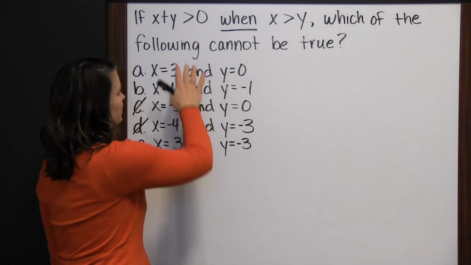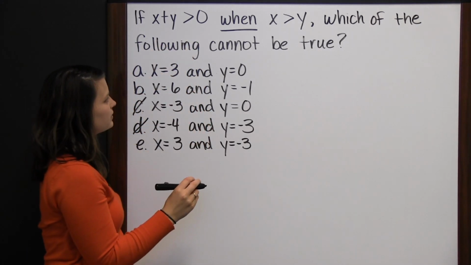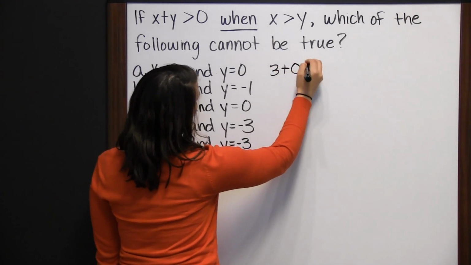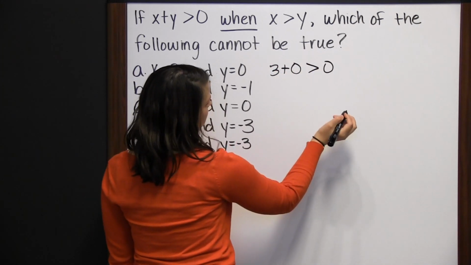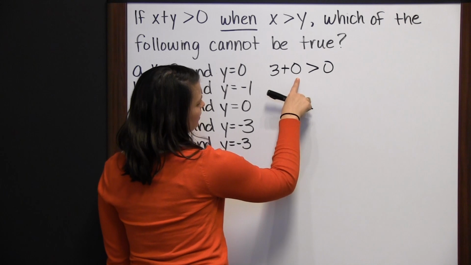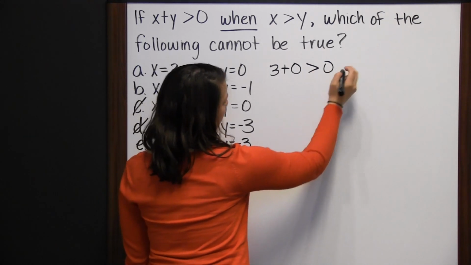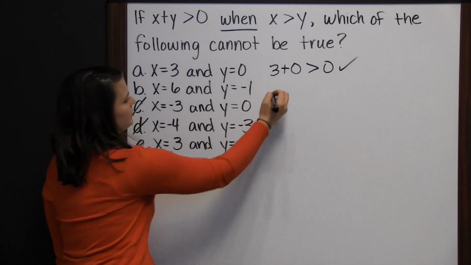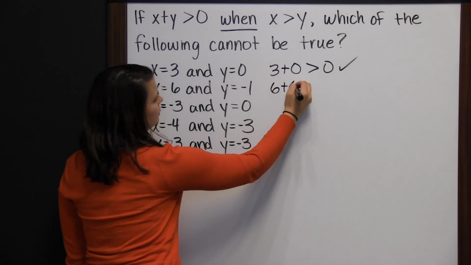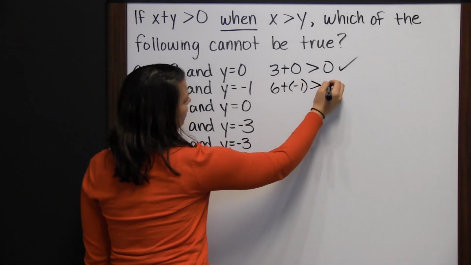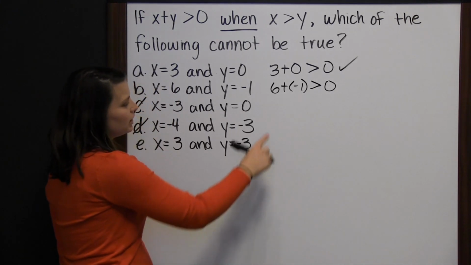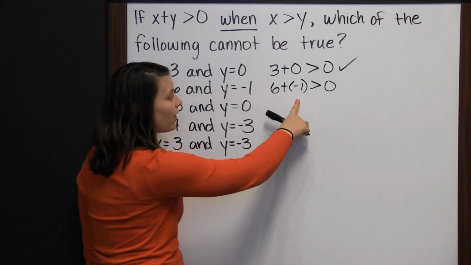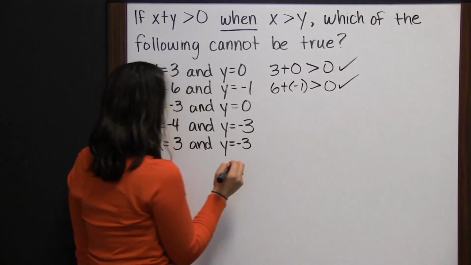So now we need to check to see if they satisfy the first. So we'll take A, 3 plus 0 is greater than 0. 3 plus 0 is 3, and that is greater than 0, so it works. B, 6 plus -1 is greater than 0. 6 plus -1 is 5, and 5 is greater than 0.